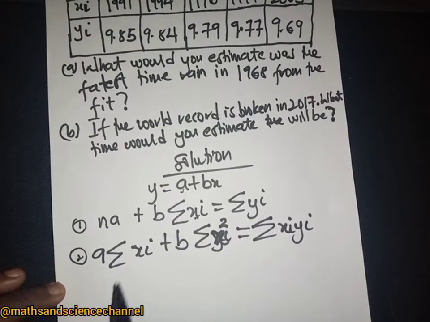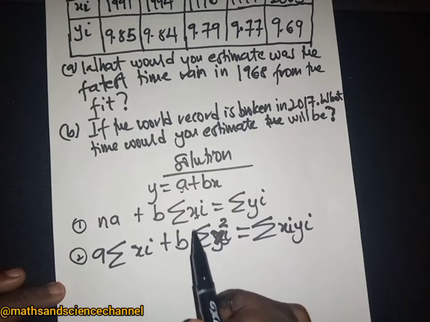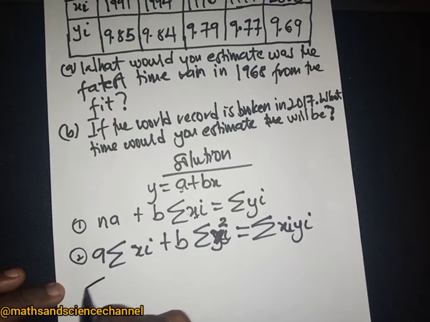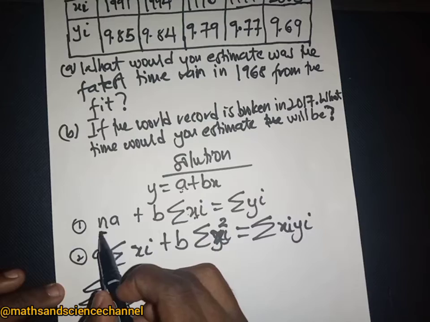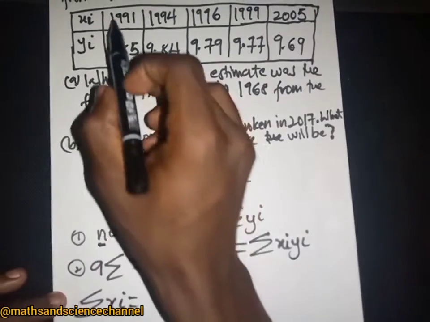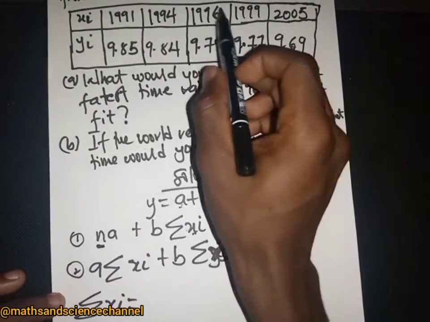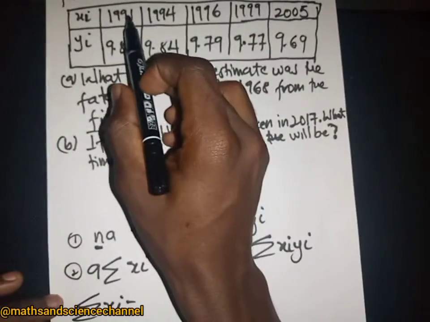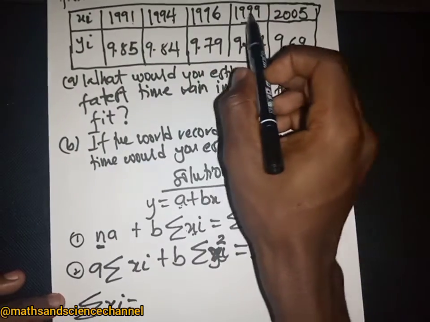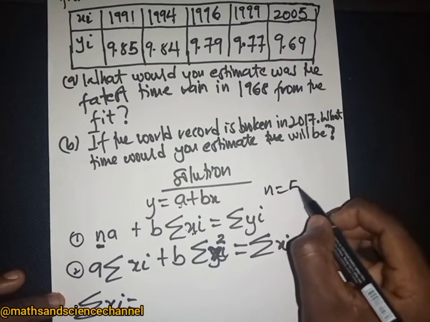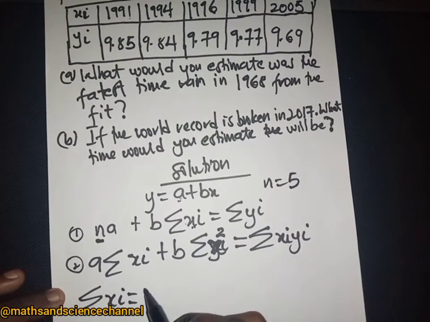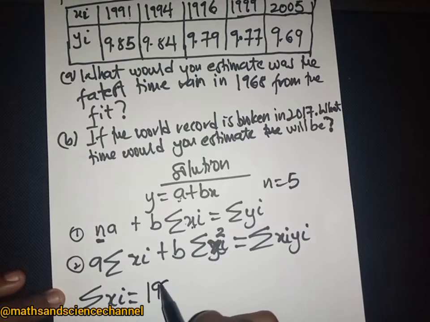So you realize that from the equation given over here, we need x values, right? Even before that, the n here represents the number of years. So you can see that we have 1 2 3 4 5, so n is equal to 5. Now what are the x values? The summation of x is just the summation of all the years.